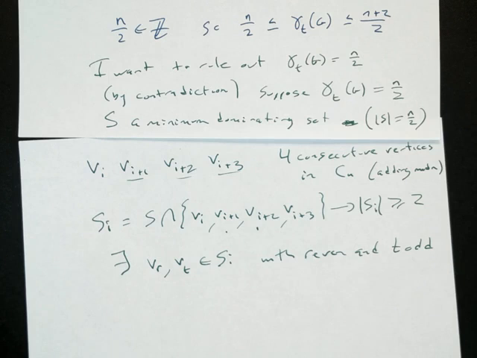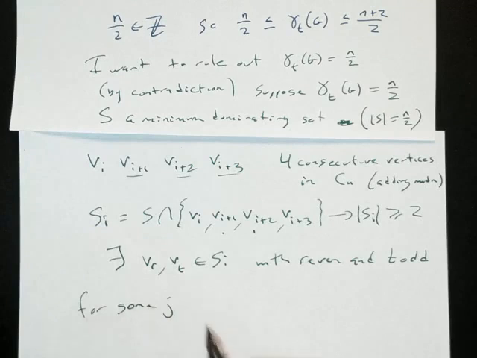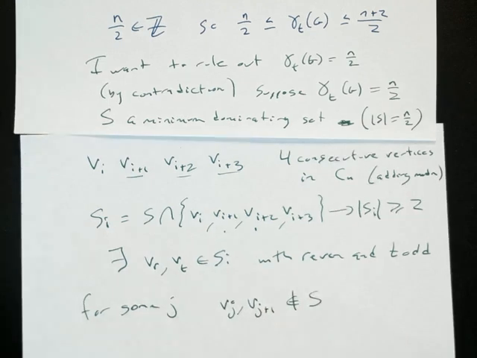That means somewhere along the line here, there's got to be a consecutive pair, odd, even, but I didn't pick those two. Because I picked the odd one before the even, and I picked the even one after the odd.